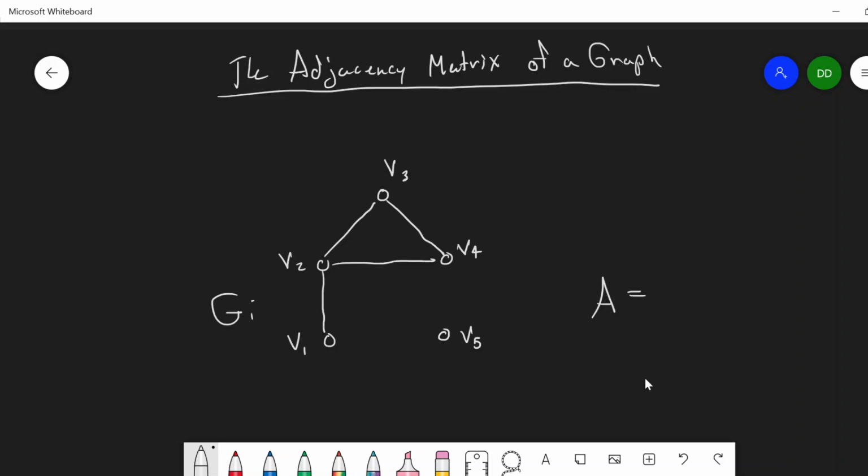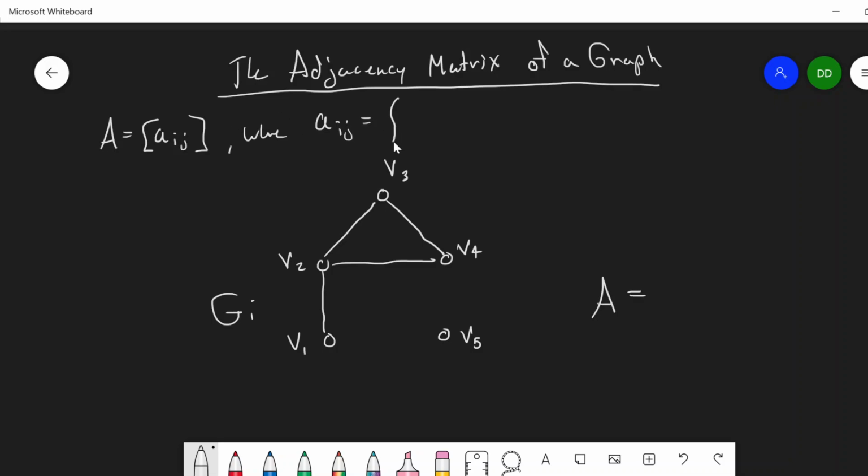So first off, the adjacency matrix of a graph is a 0, 1 matrix. So every entry is either 0 or 1. Typically we denote a matrix with brackets, A_ij. So how do I define the entries?